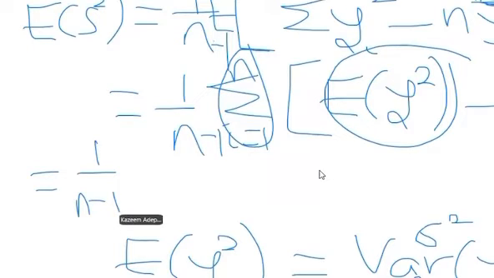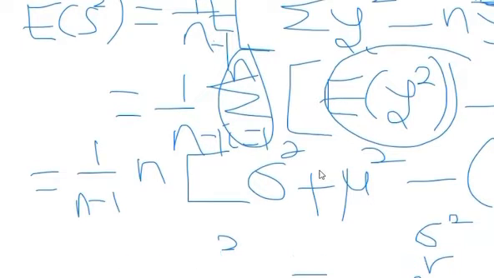Now the summation is out. It's going to turn into n times the expected value of y squared, which I'm going to write as sigma squared plus mu squared, minus the expected value of y bar squared, sigma squared over n plus mu squared.